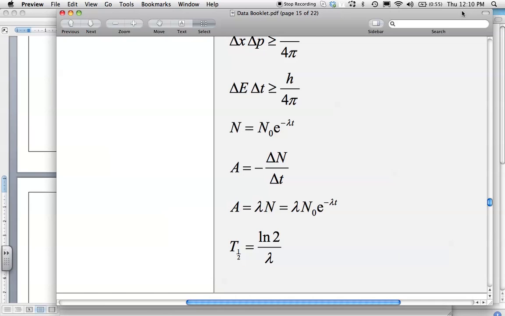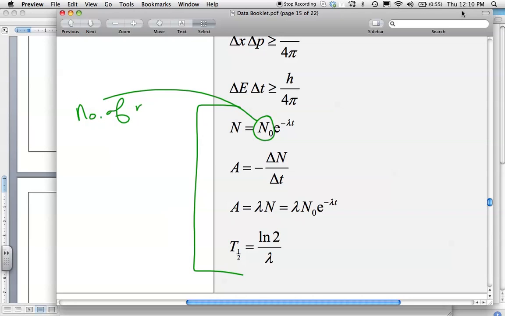These are the four formulas that relate to radioactive decay from your data booklet. Here we have a sample, a number of atoms that are radioactive, and N0 is the number of radioactive nuclei when t is equal to 0, when we start measuring.